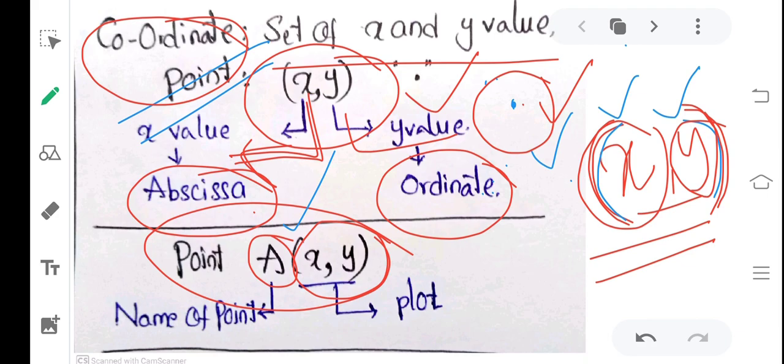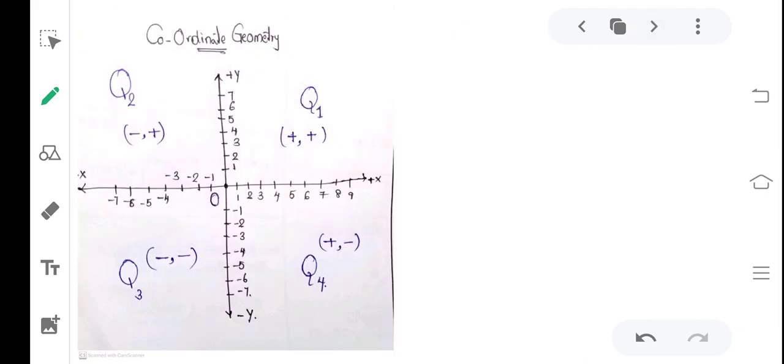So next topic: how can we plot a point on the graph paper, on the Cartesian plane? The Cartesian plane is nothing but a surface. Before you plot the points, first you need to understand how we divide the plane and how we plot the point. All of you listen carefully.